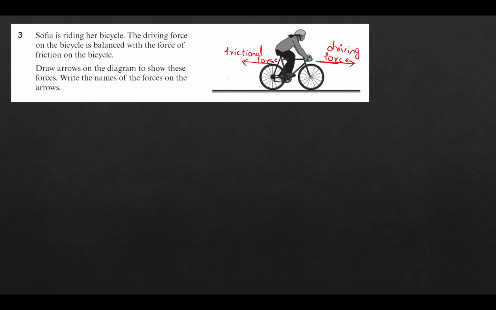Okay, so there are two forces acting on the bicycle. One is the driving force which tries to move it forward, and the other is the frictional force which opposes the direction of motion. So these are the two forces. Anyway, you know there are two other forces which act on this system. One is the weight of the system, like the weight of the bicycle along with Sophia, which acts downwards.